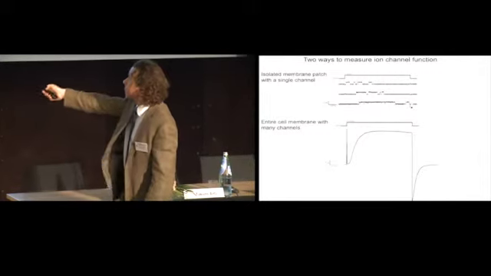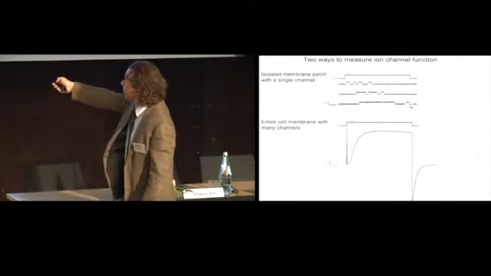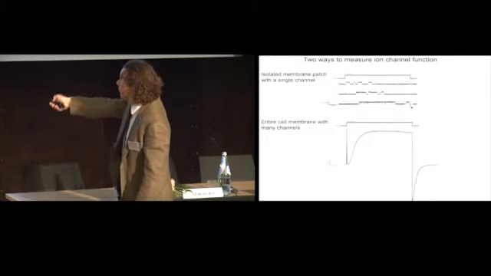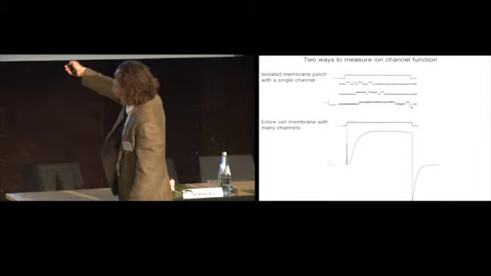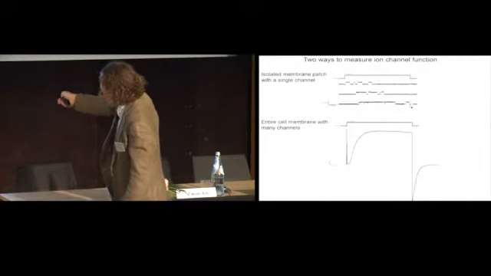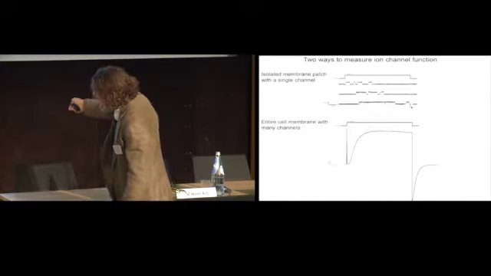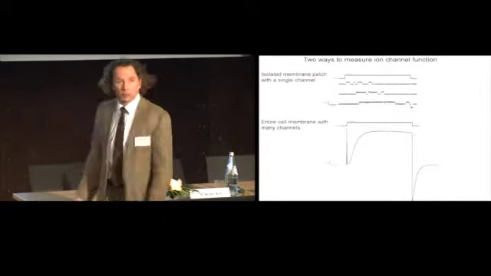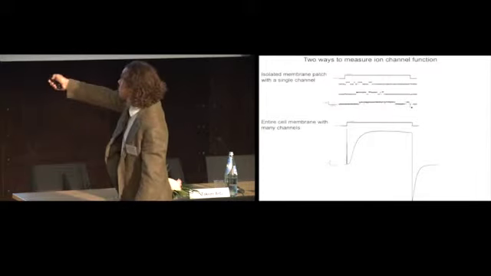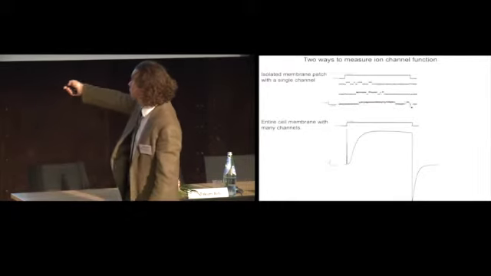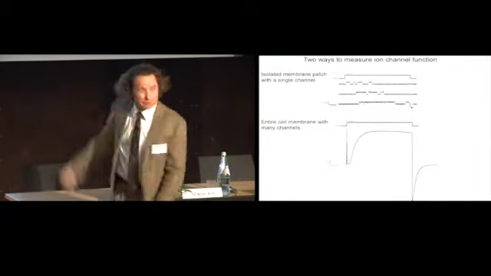But if you now look at the whole cell where these channels are operating, we do the same change in voltage. We see a big current turn on, and then when we step back, it goes inward, and then it shuts off. And this is the same as this, but there are thousands of these being averaged opening here, you see? And so underneath this big smooth signal, in fact, it's not completely smooth.